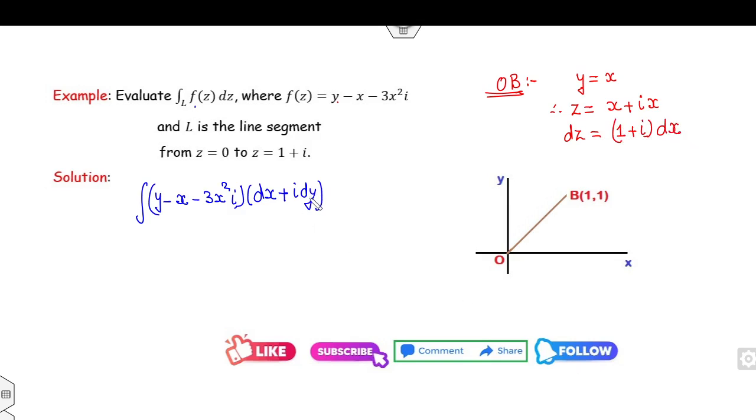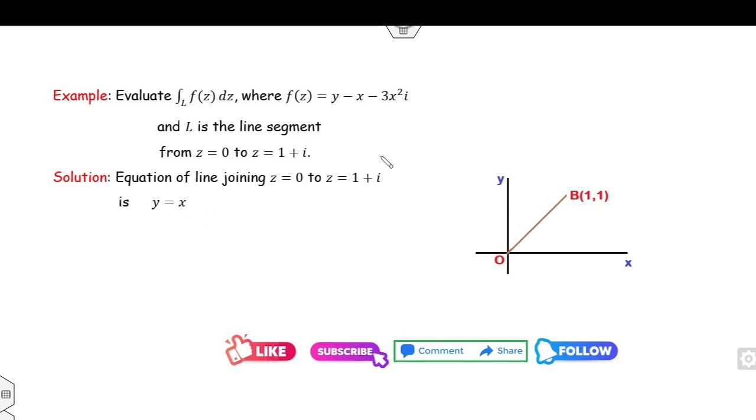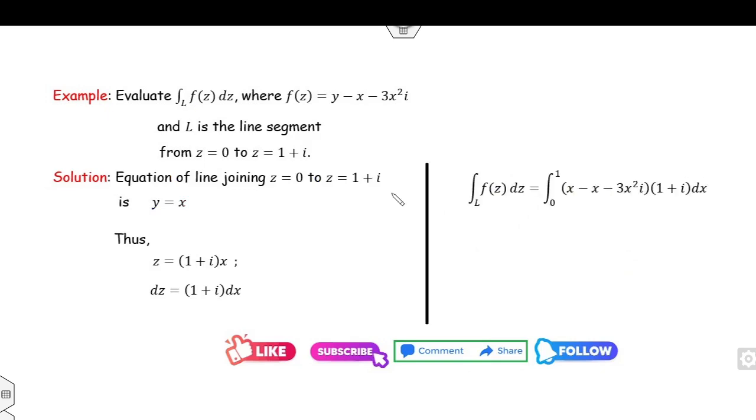Fine. You can also say dy is equal to dx. So I can substitute the value of y as x in this given. Then the whole integration is in terms of x. So the limit is 0 to 1.